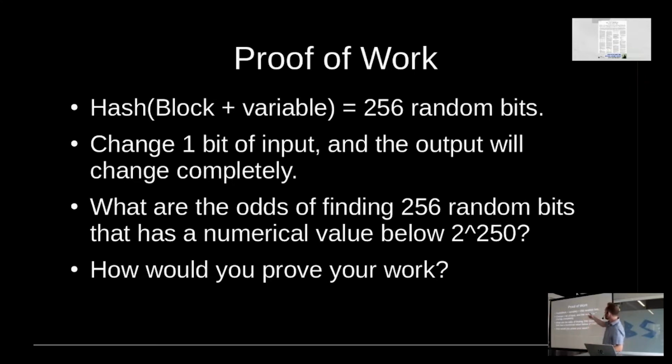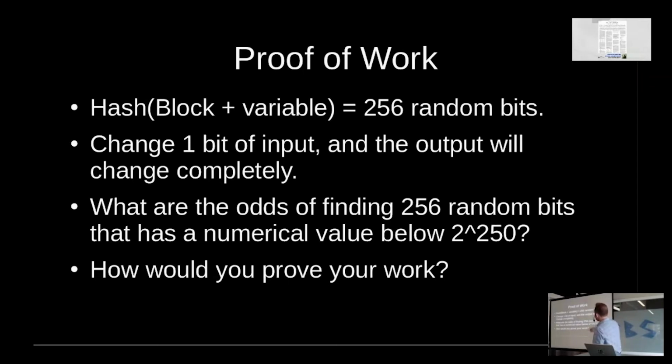But we kind of flip it on its head here. It's like, no, actually, we do want to change the hash. So we'll take our block of data, but we'll also have this variable that we can increment, and we can constantly generate new hashes, and those hashes will be completely random. You change one bit of input and the output will change completely. That's the great thing about hash functions.